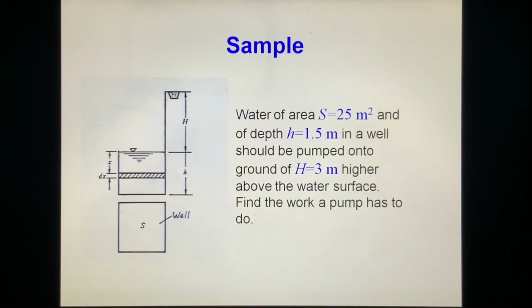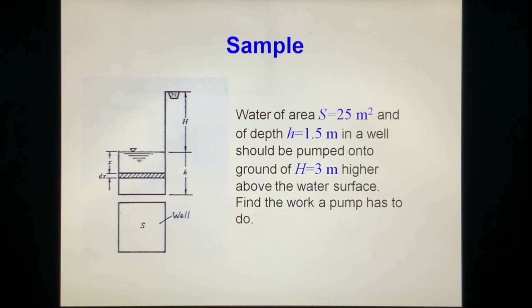Sample. A well with water area S of 25 square meters and depth 1.5 meters, the water should be pumped onto ground 3 meters higher above the water surface. Find the work a pump has to do. We notice that water in different parts of a well needs different work to pump it out because the depths are different.